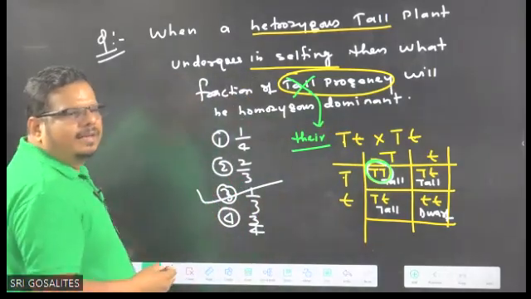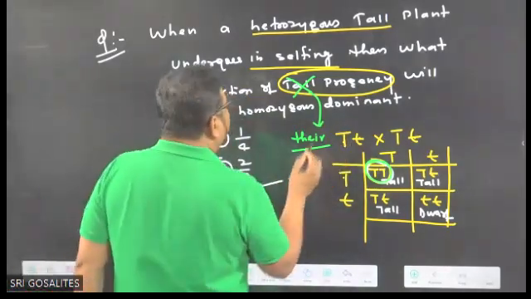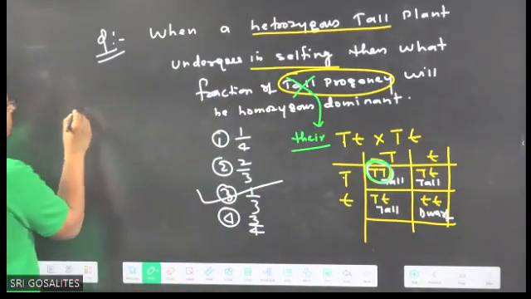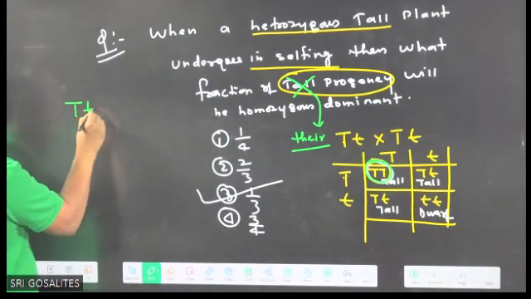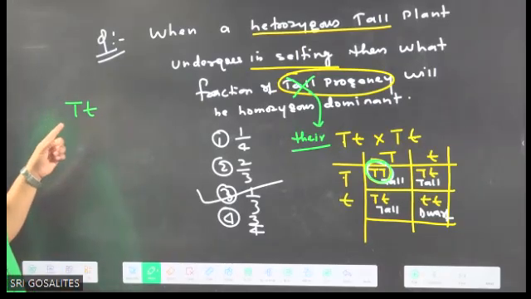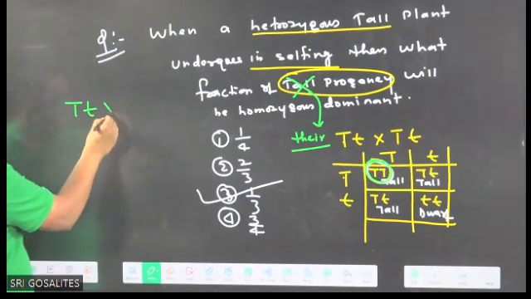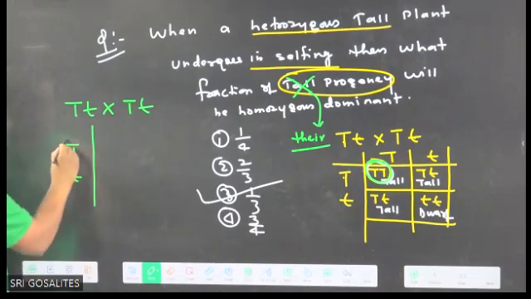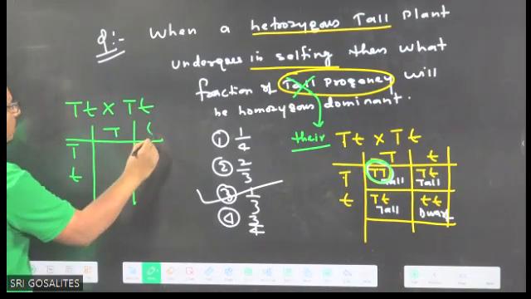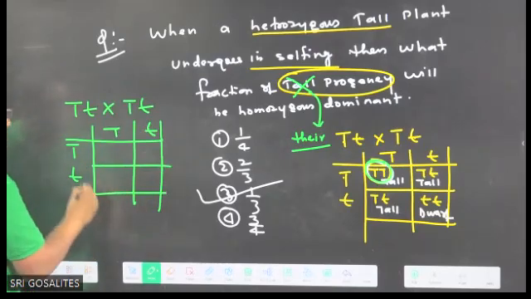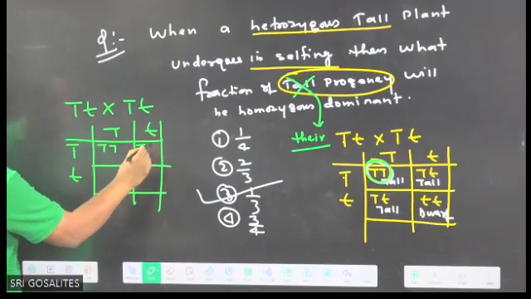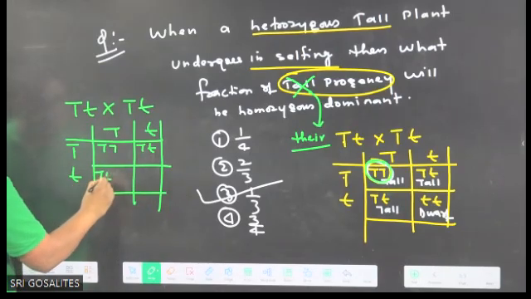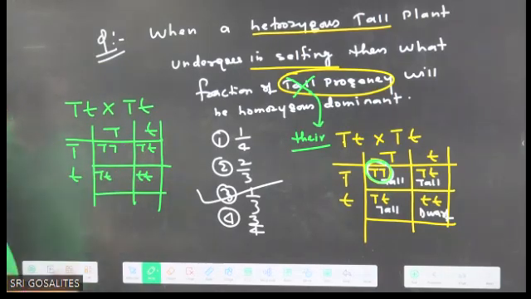Heterozygous tall, yesterday in class I told, we write capital T, small t. Selfing, gametes capital T, small t, two types on each side. Make a cross: capital T capital T, capital T small t, capital T small t, small t small t. Agreed or not? Yes, agreed.